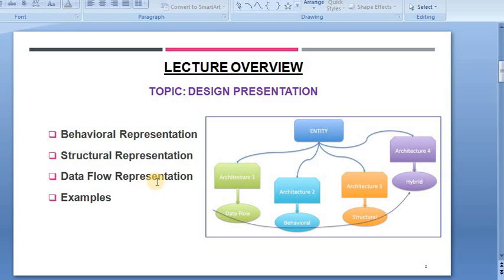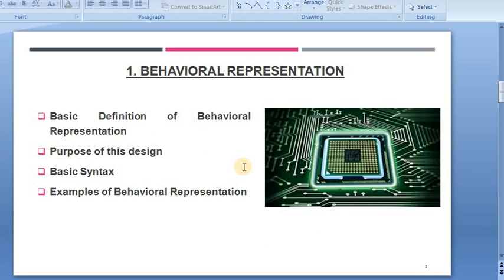Now let's move to the next slide for the details of the topic of behavioral design. As you see in the slide, for better understanding of behavioral representation, we can further explore this topic in four major categories.